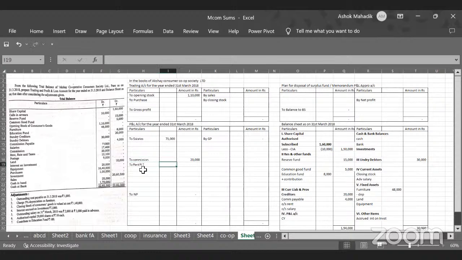Rent rates taxes, $12,100. What is the amount? Wait. We messed up the amounts, I guess.